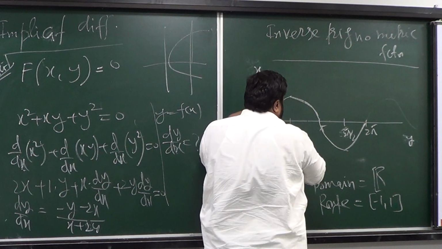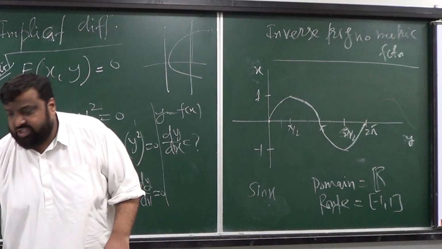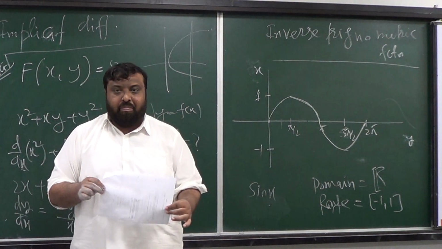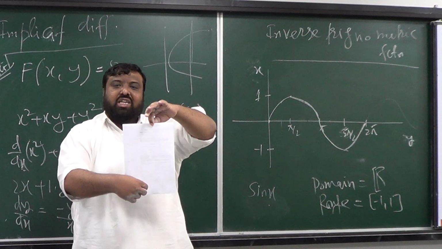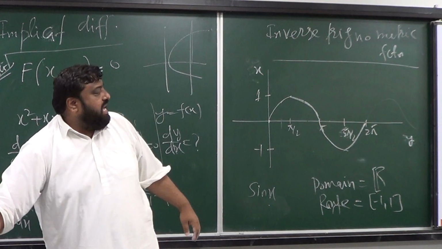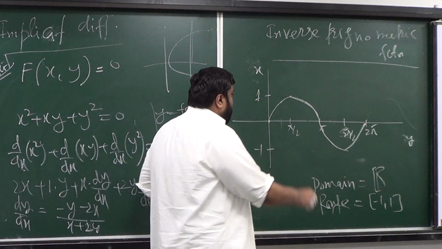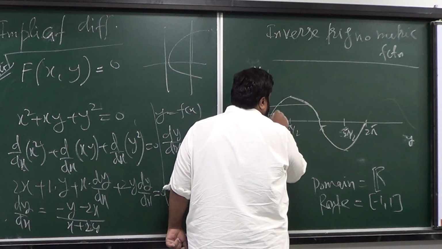You can draw this picture on a page, rotate it, and ask the same question you were asking before: is the given picture a function or not? The answer is that this would not be a function, because for every input you are getting two outputs.